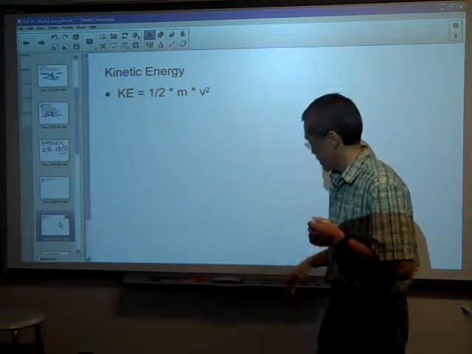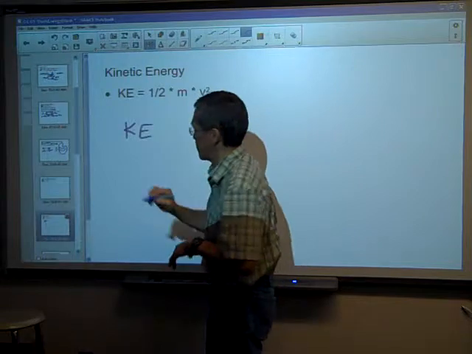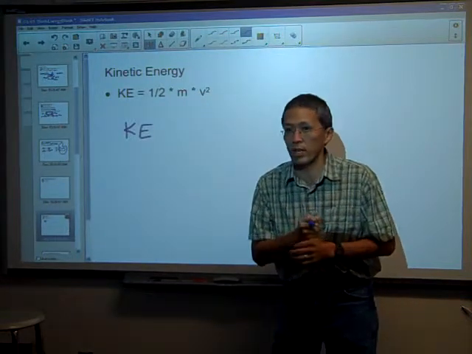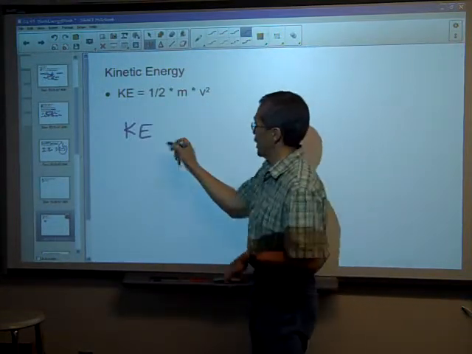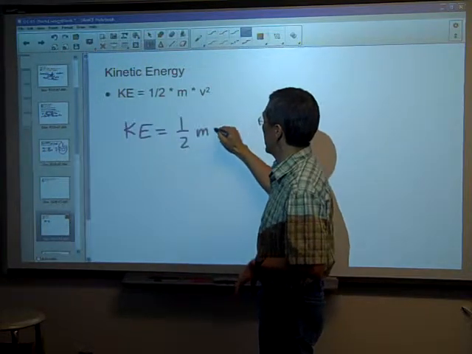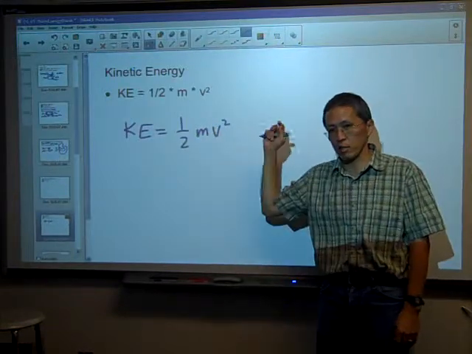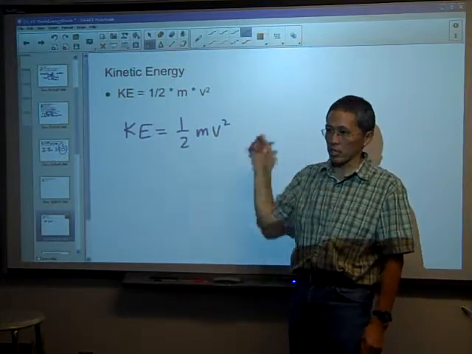Kinetic energy. I'll write this out again. Kinetic energy is energy of, what did I mention just a moment ago? Energy of motion, and the energy is 1/2 mv squared. Now I should say most of the time it's linear motion. We'll talk about angular motion later on.